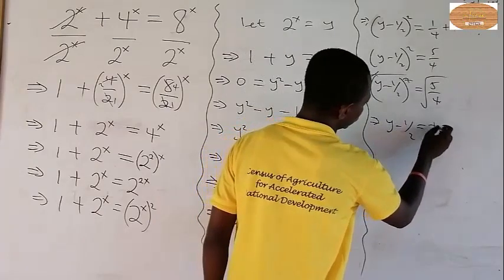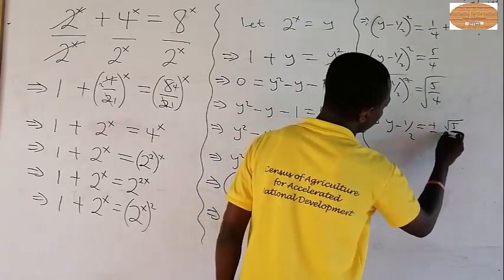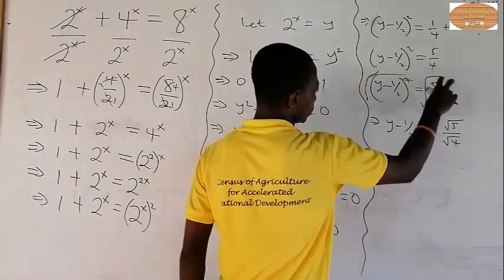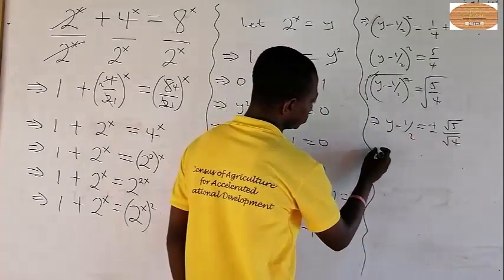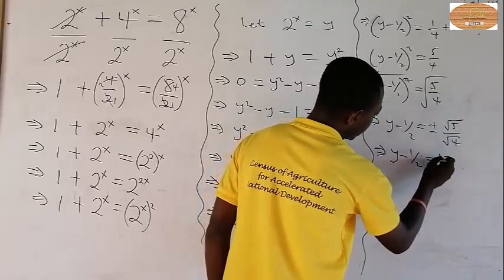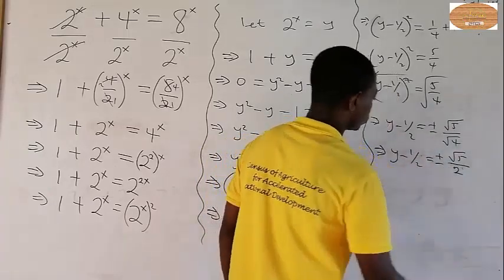So the answer will be plus or minus. This one is the same as root 5 over, this one is 2.